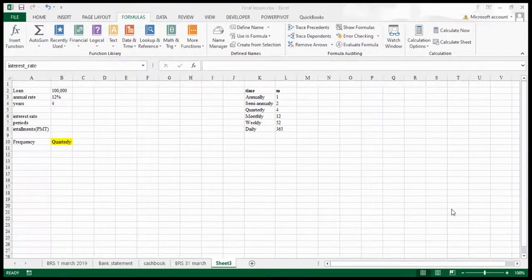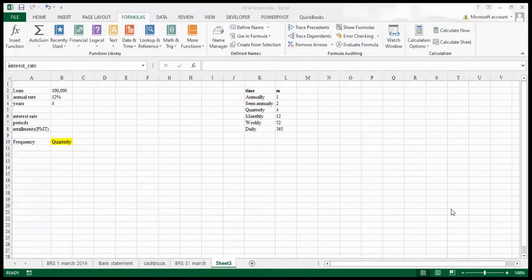SUMIFS is getting the summation. SUMIF is the summation. Remember, we are not interested in getting the summation of anything here. SUMPRODUCT, we are not multiplying anything. We don't want to get the number of units produced. I want you to be sure of the formula.